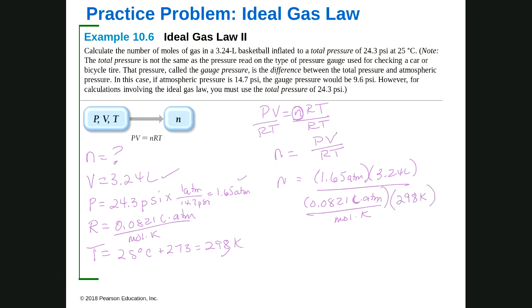All right, and so the K's will go away, and atmospheres will go away, and liters will go away. And if you recall, when you divide by something that you're already dividing by, that's the same thing as moving it up. So we will end up in moles.